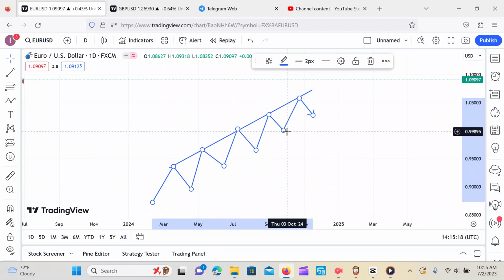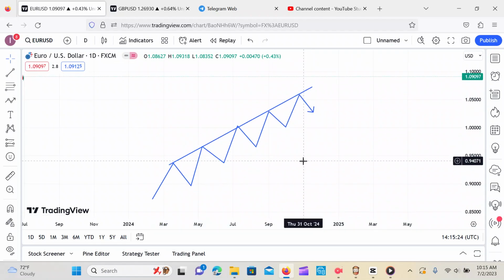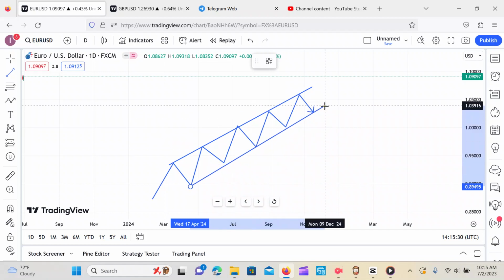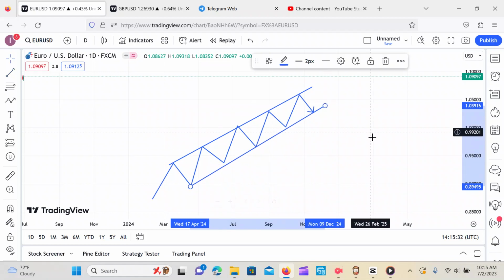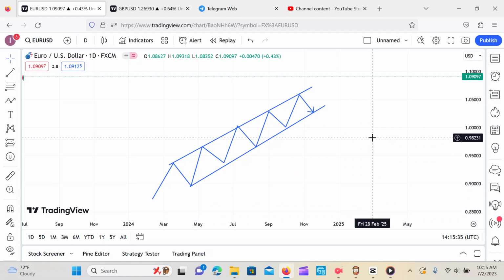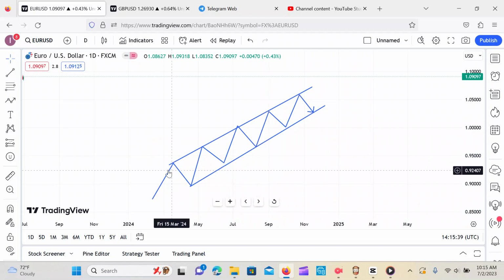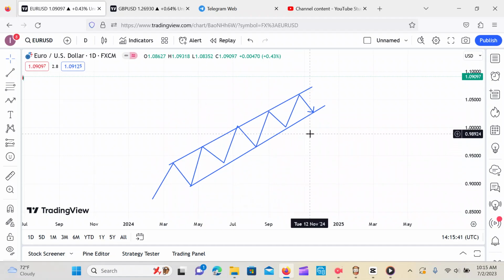So we have this, and this is a support level. We already have this resistance, and this is our support level.